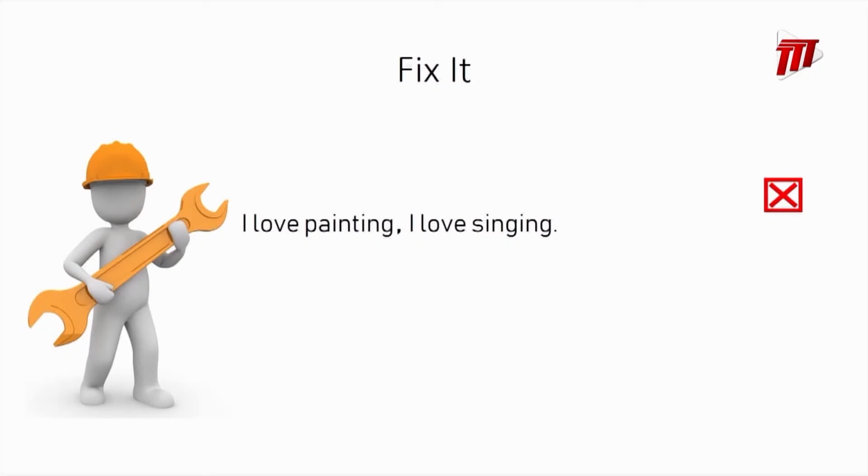Let's think about the coordinating conjunctions you know. Which one best fits here? Well, let's see. I love painting and I love singing, because the second is an extension of the things that she loves or he loves. So that's correct.